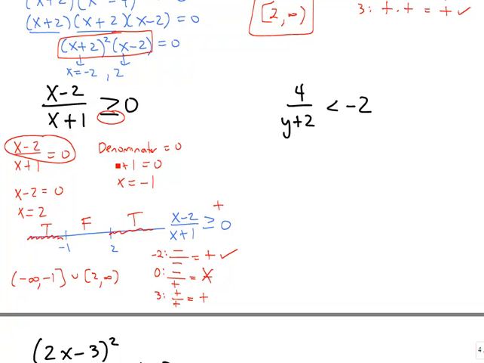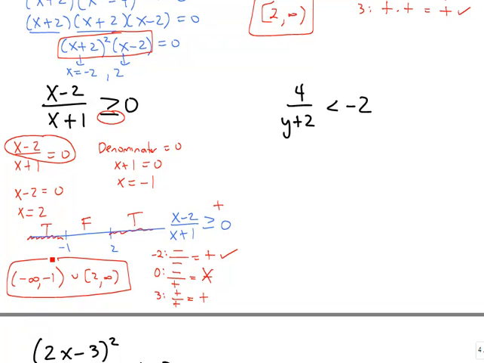So you can't actually plug -1 into this problem because it becomes undefined. So we don't want to include the -1. So I'm going to erase that one bad point and put a parenthesis around it. The 2 is okay because the 2 is where this was equal to 0. But the -1 was where this was undefined, so it doesn't make sense to include it because it won't work if you plug it back in. So here's our final solution.